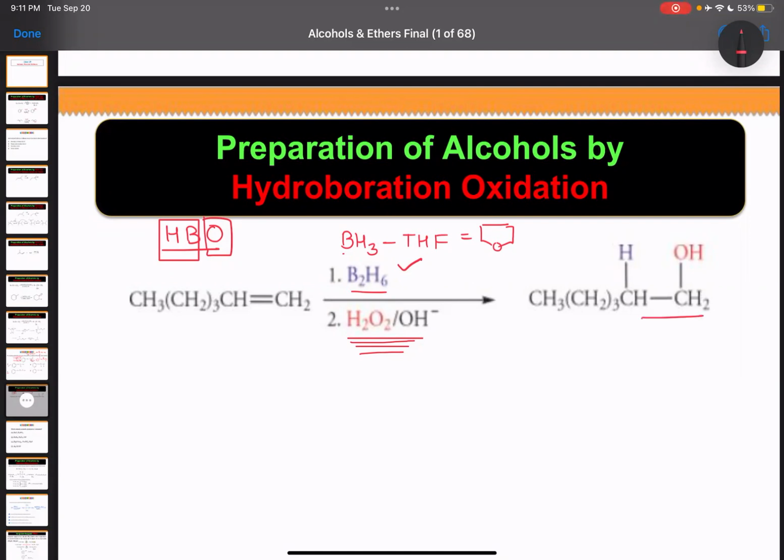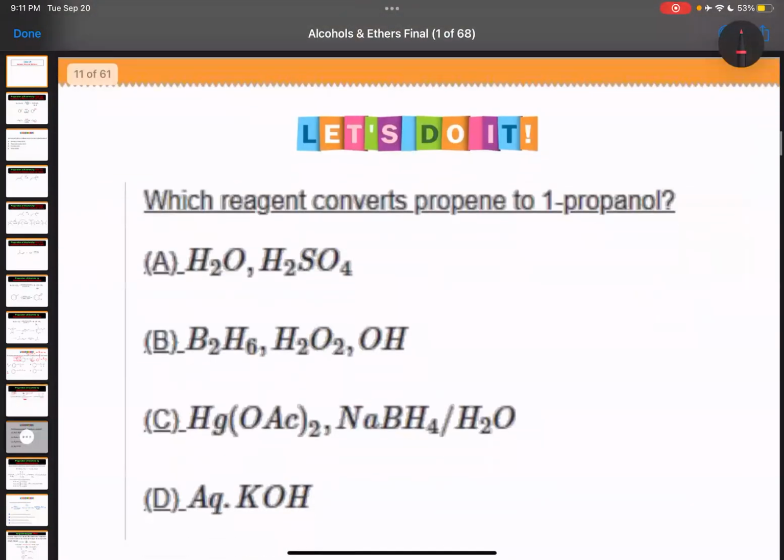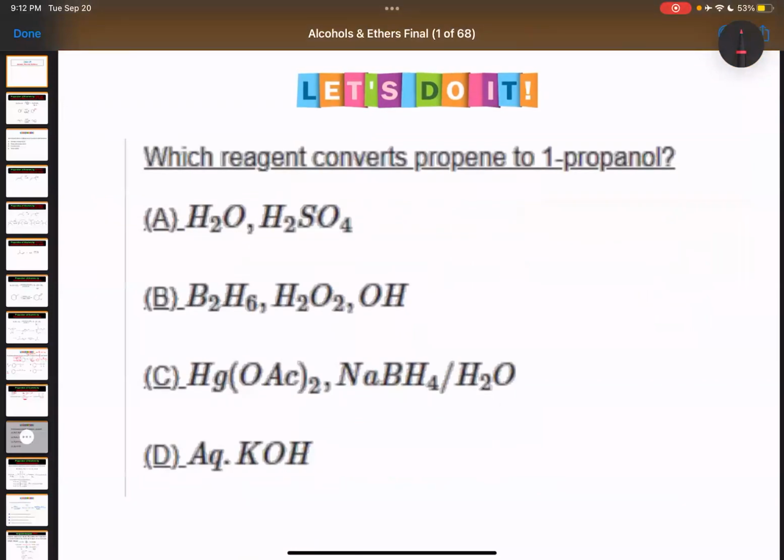So you will get a 1-ol, where the OH is connected on the outermost carbon of the double bond. Is it clear? So let's do this problem. First we should understand the purpose of the reagent, what the reagents are, and how to write the product without getting into the mechanism. There are two types of questions: those related to conversions and those related to mechanisms.